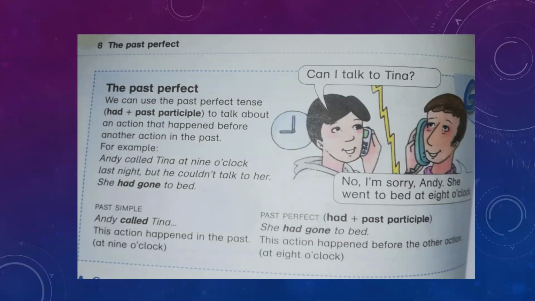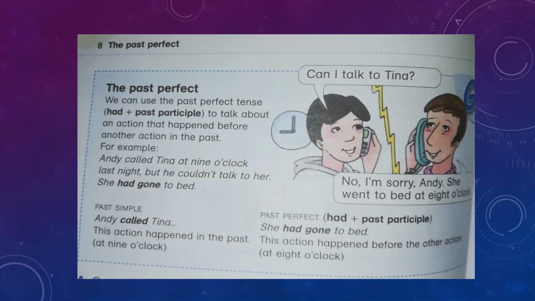In the past perfect, we use had plus past participle to talk about actions that happened before another action in the past. For example, Andy called Tina at 9 o'clock last night, but he couldn't talk to her. She had gone to bed. Now, in the past simple, Andy called Tina, and in the past perfect, had plus past participle, she had gone to bed.